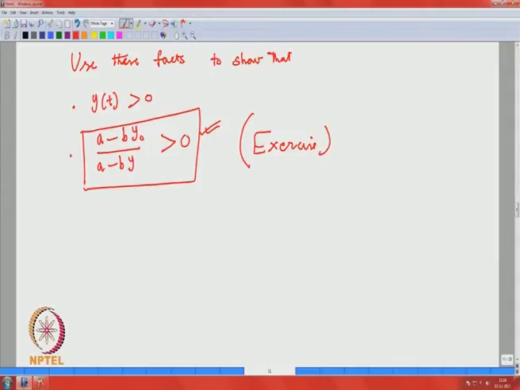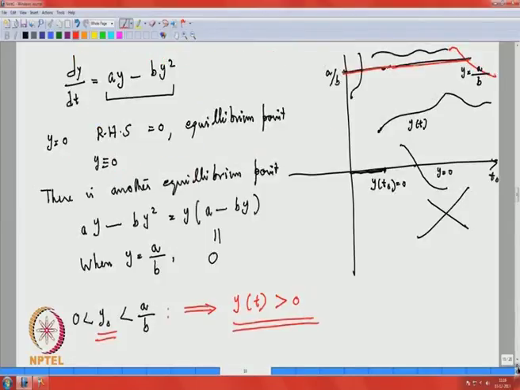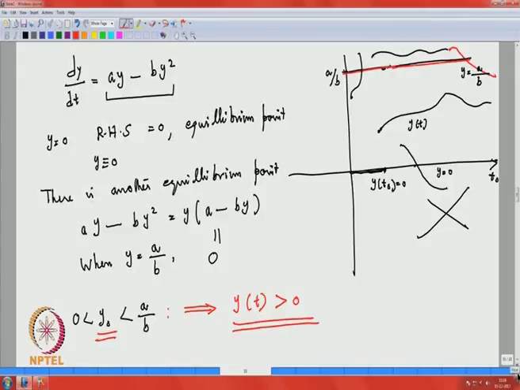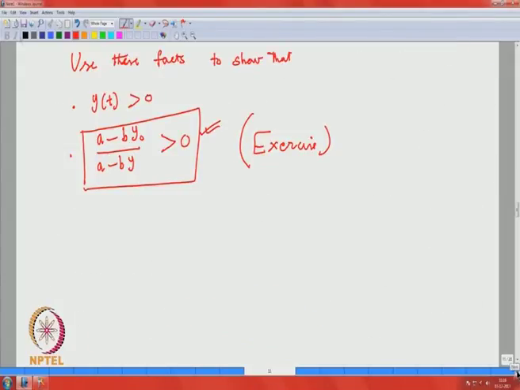Once this is positive, the entire modulus can be removed from the solution, and you can write your solution. That is the next exercise for you, one by one. Write the solution now in explicit form. Earlier you got it in implicit form.